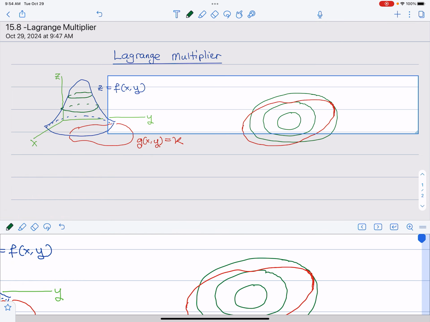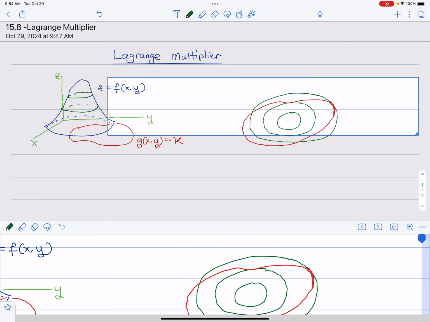So we know that each level curve is tangent to some tangent line, and that tangent line is orthogonal to the gradient.